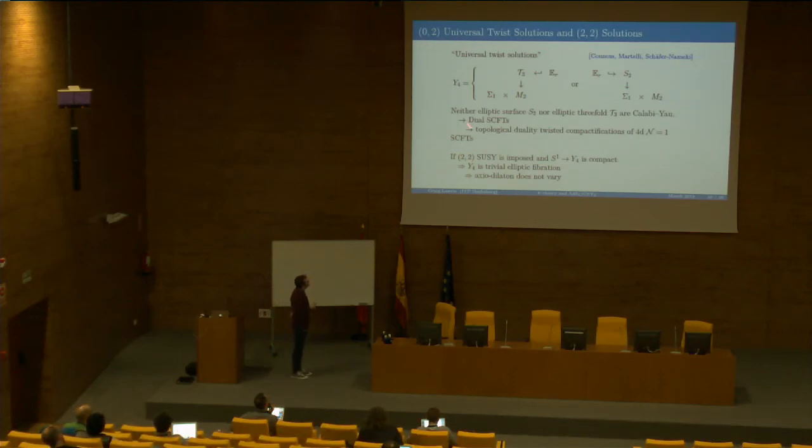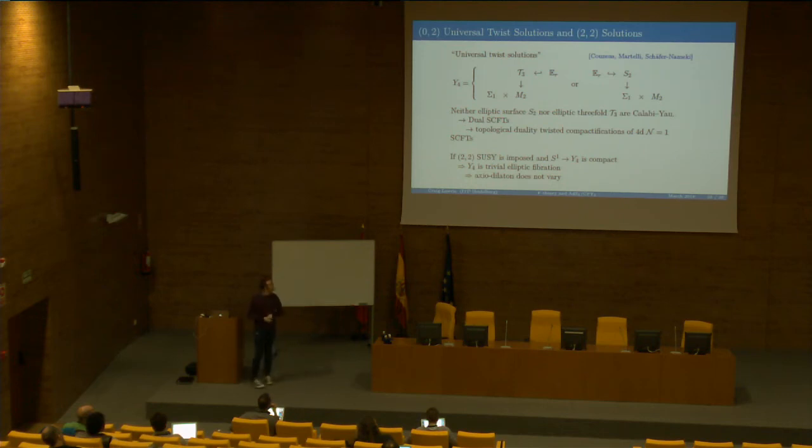And actually, we understand now the dual CFTs to these universal twist solutions, and they can be seen as arising from taking 4D N equals 1 SCFTs and doing exactly a familiar topological duality twisted reduction on a curve that I told you we did for N equals 4 a year or so ago. So this procedure generalizes in this way.